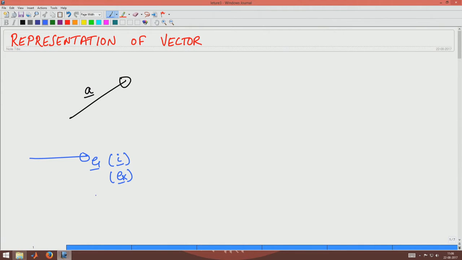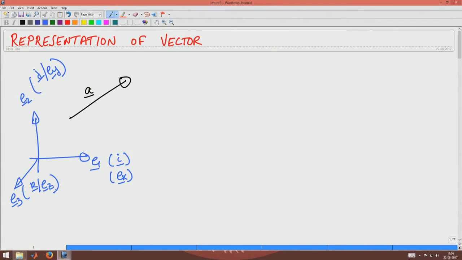These are different symbols that are used to represent this directed line segment, and another directed line segment E2, which you might be using the symbol j for in your previous courses, or you can denote it by Ey, which we will use. E2 and Ey are notations that we will use frequently in this course. Another third directed line segment is E3, which you will denote by k or Ez.